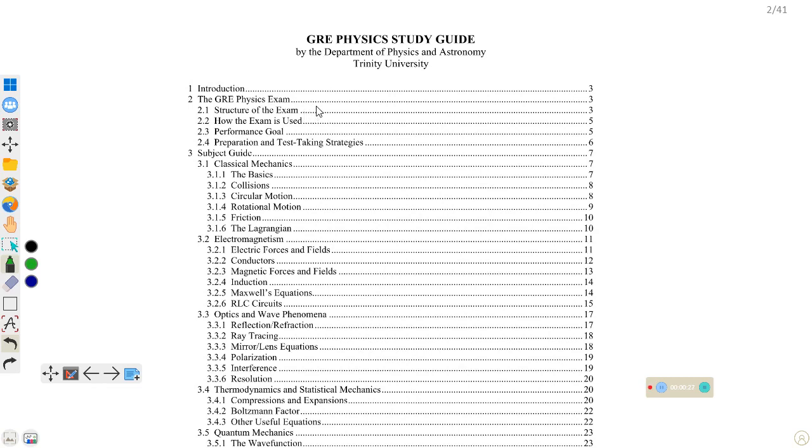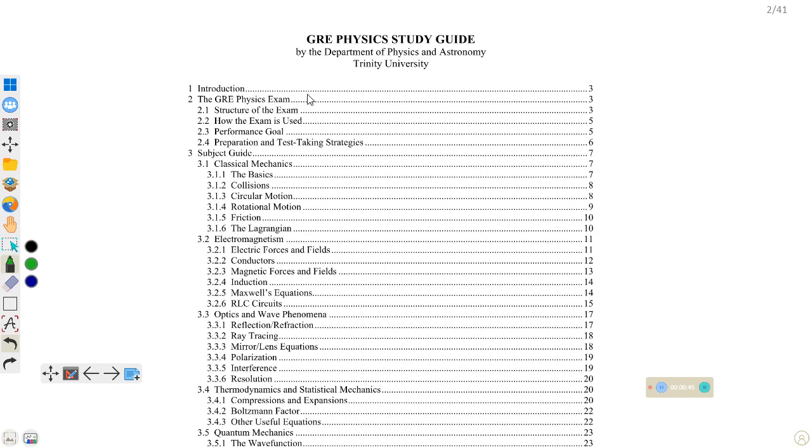I will show you the links of those books and an overview of them, how you have to read them, and also the shortcut methodologies that will help you in solving the GRE physics paper.